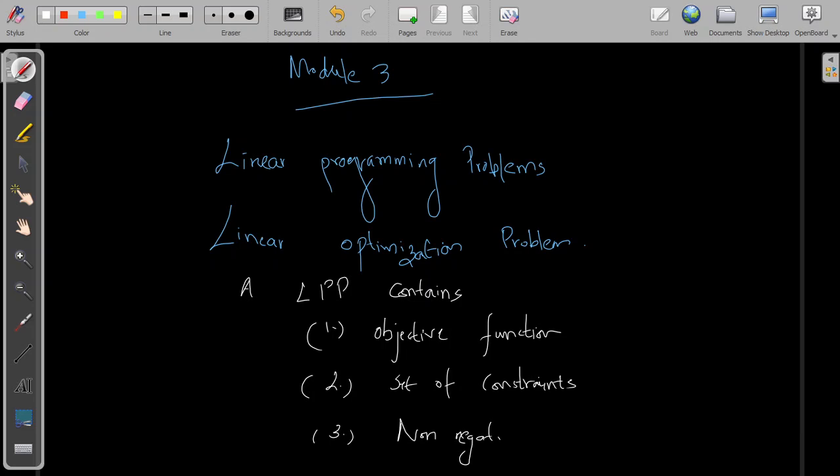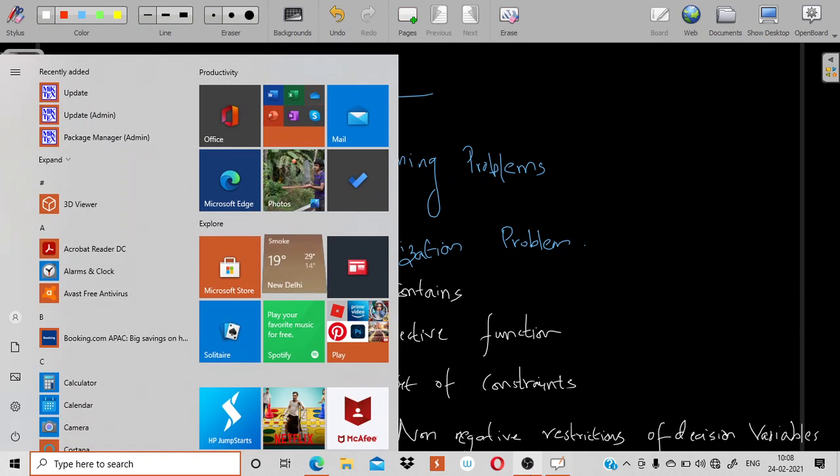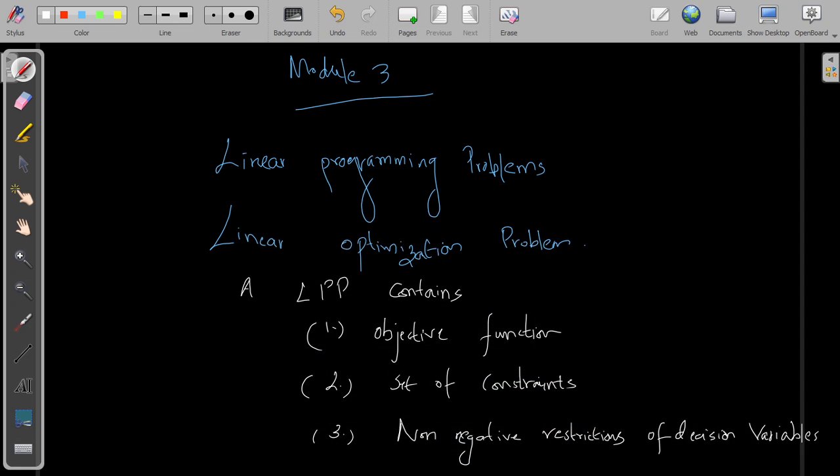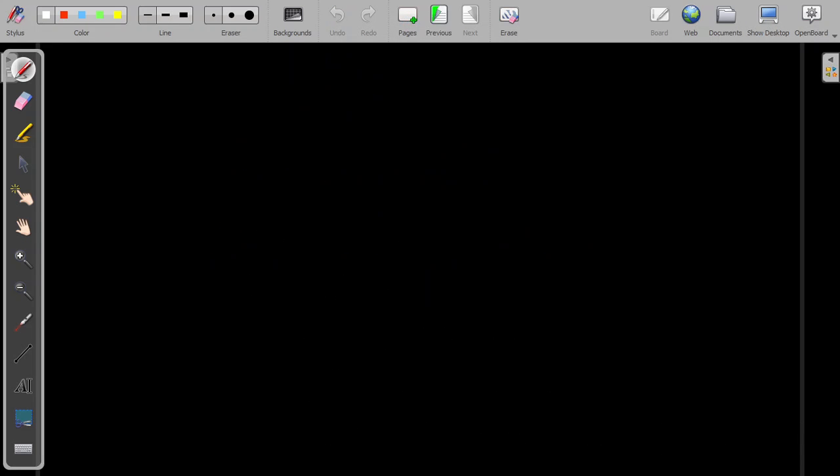So these are the three components or three terminologies that we will come across.